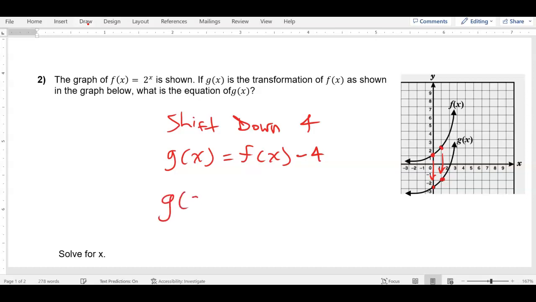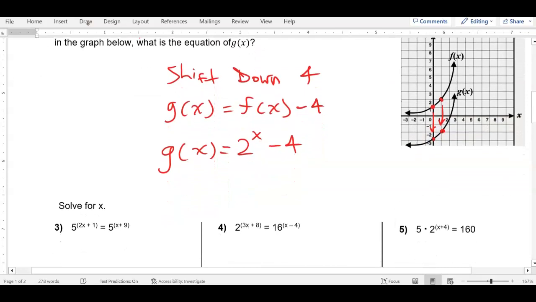So really, g of x equals the parent function 2 to the x, and then the minus 4 is going to be a normal minus 4 right here, not in the exponent, because it's not horizontal, it's vertical. So that's how vertical transformations work. It's a regular number, not in the exponent, and it's not a lie for vertical.